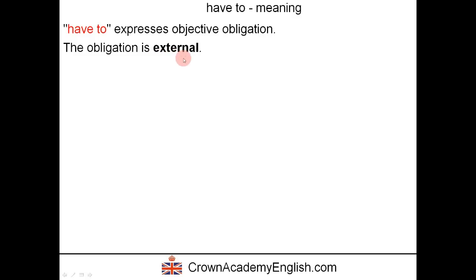It comes from someone or something else. And it is often a law, a legal requirement, or a rule, or an instruction. So it's an obligation because someone else tells you to do something. It's an obligation from outside.